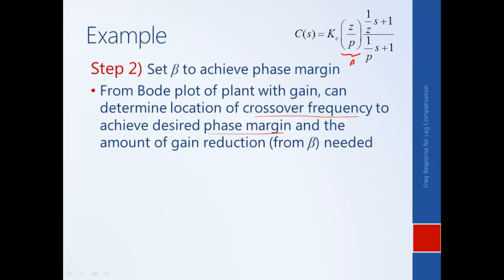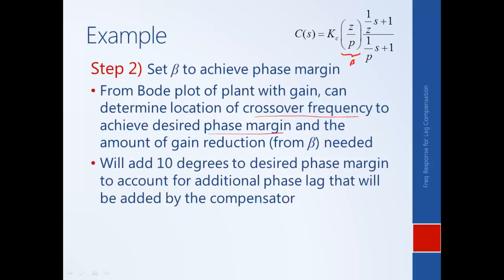Okay, so again, that might not be very clear. It'll become more clear on the next slide when we actually look at the Bode diagram. We're also going to add an extra bit of phase margin in order to account for the phase lag that's going to be added by the compensator.